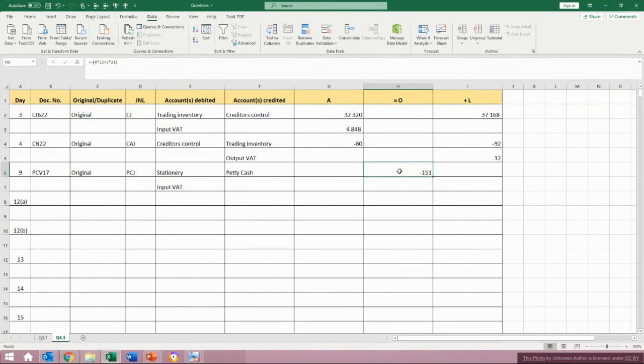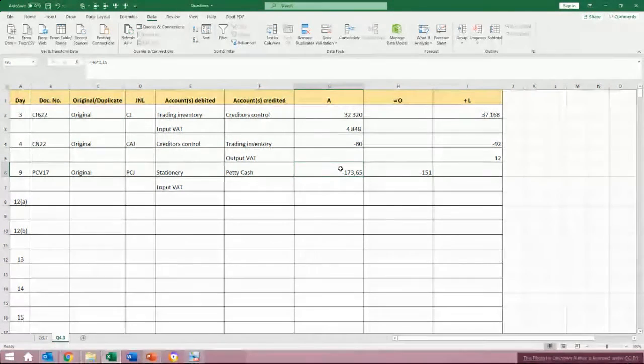Now the petty cash is an asset, but what physically goes out, we're decreasing our asset, but we said what we pay includes VAT. So now I take that 151 and I add VAT. That's why I multiplied with 1,15. Okay. So where does the difference go? The difference now goes to our input VAT, which is a positive towards our assets.